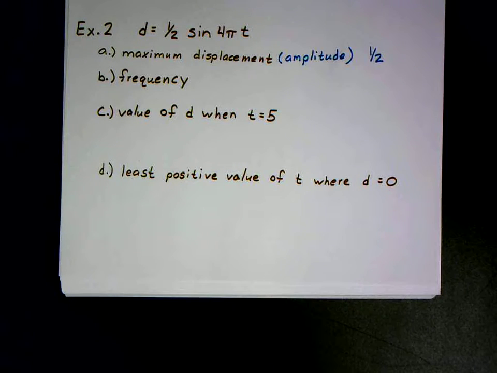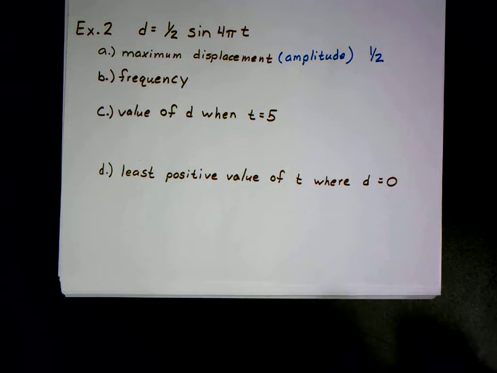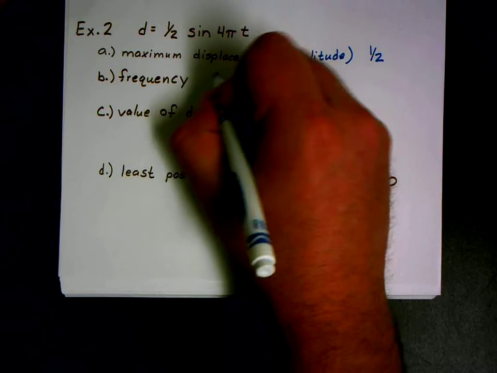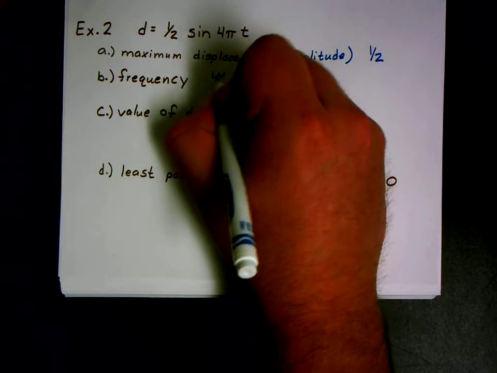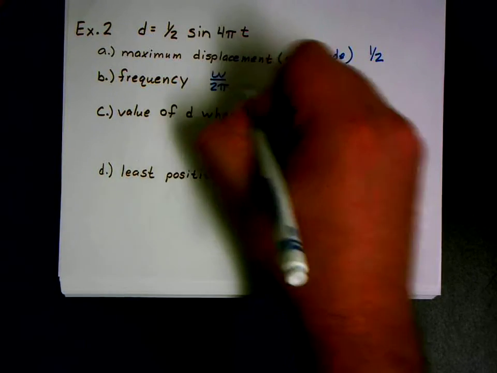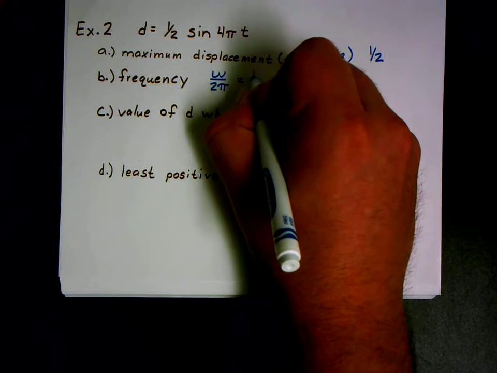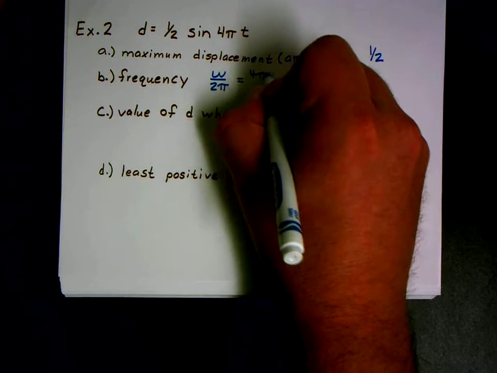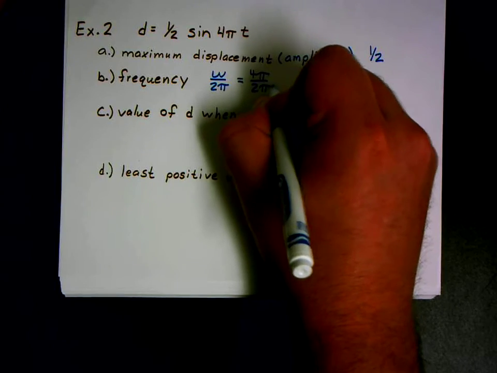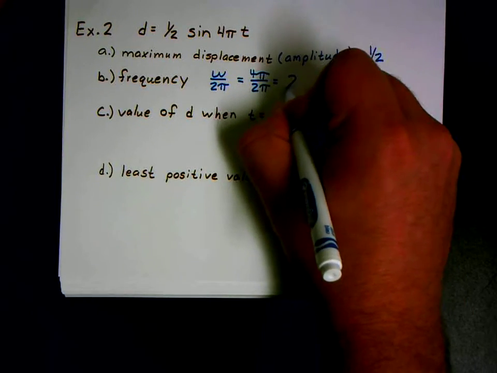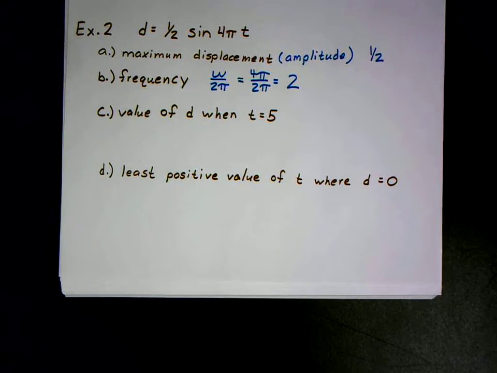I don't think they do, so all you can do is give 1/2. Okay, frequency. Well, the formula for frequency is omega over 2 pi. So that would be 4 pi divided by 2 pi. So my frequency is 2. That means 2 waves go by in 1 second.